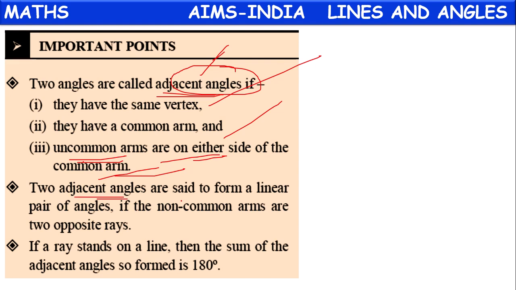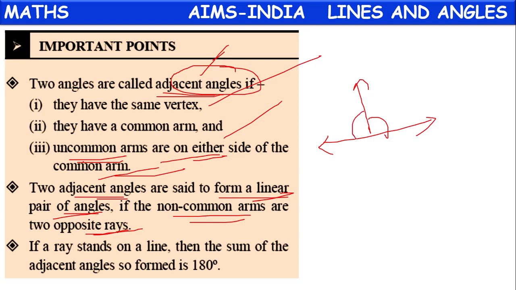Two adjacent angles form a linear pair of angles if the non-common arms are two opposite rays. These two adjacent angles form a linear pair if the non-common arms, where OC is the common arm in both angles and OA and OB are non-common, form opposite rays.